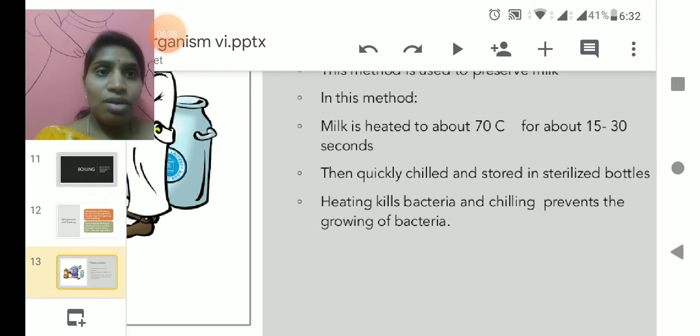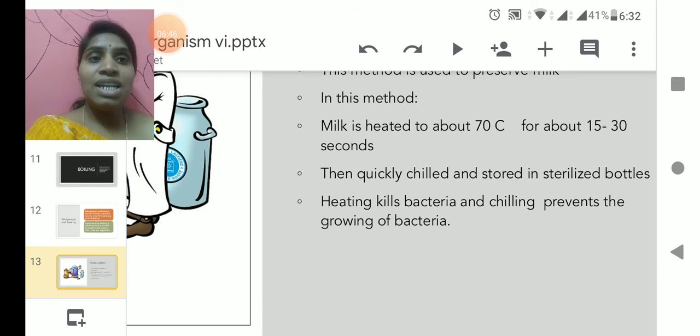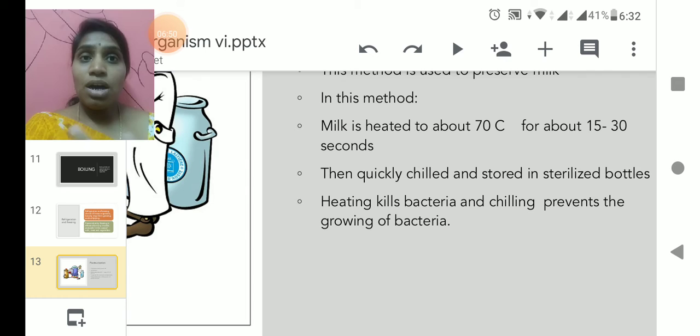Here, when we are heating, what happens? Why are we heating? To kill the bacteria. And chilling prevents the growth. Previously, we have learned that refrigerating and freezing will not kill the microorganisms, they will stop the multiplication of the microorganisms, right?